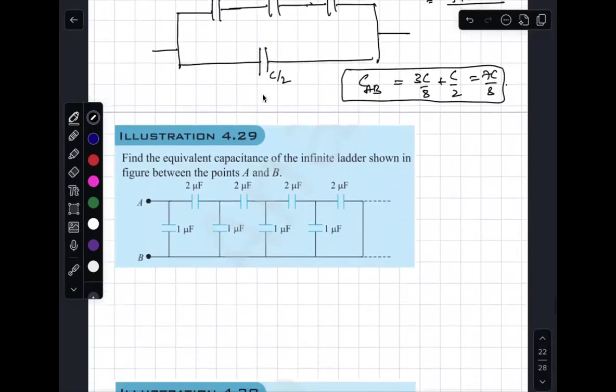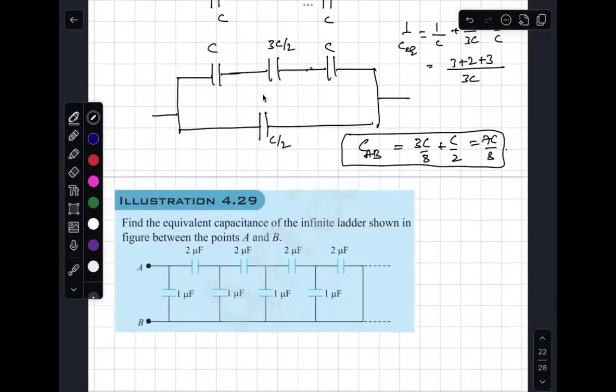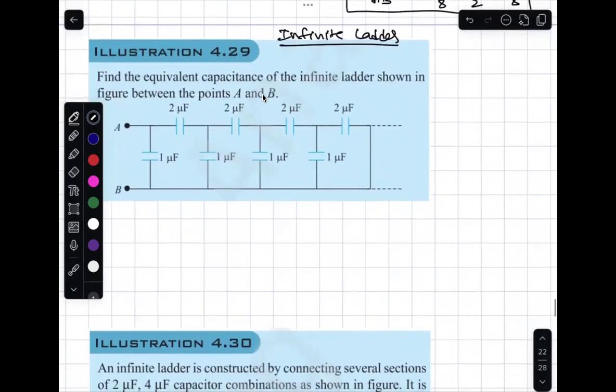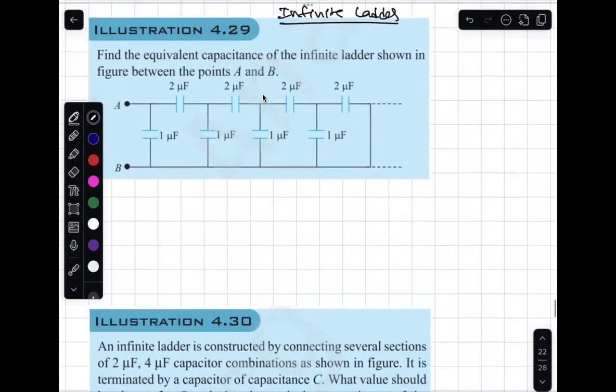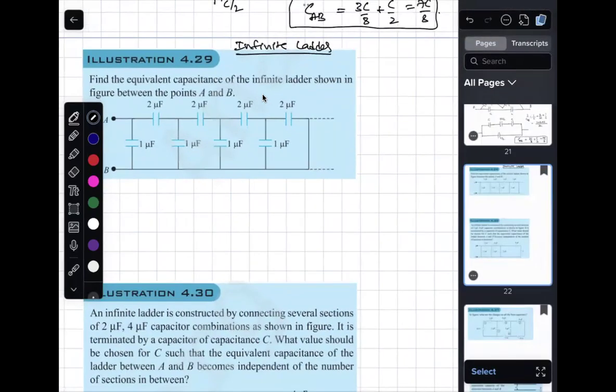Next comes infinite circuits. This model will come under infinite ladder models. So, model by model, I am dealing with.